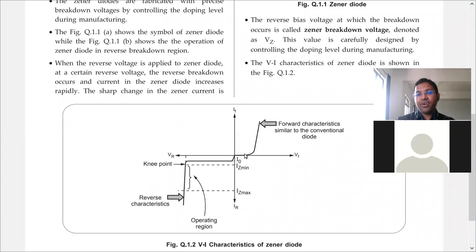So what is special about the Zener diode is that in the reverse bias condition, it breaks down at lower voltage.